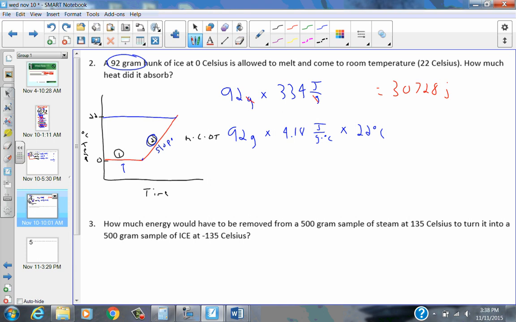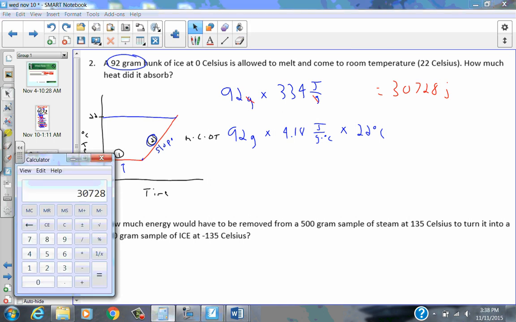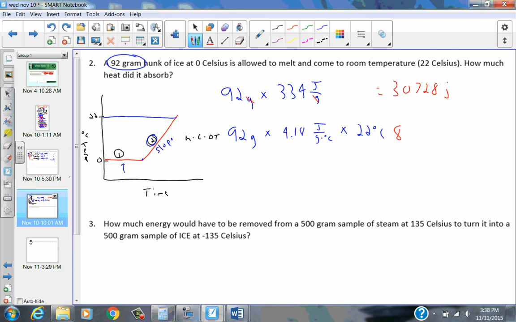The other one, 92 times 4.18 times 22, whoa, that just seems like a strange number, but okay, 8460.3. I'm just going to round, 8460.3 joules, because grams and grams, and degrees Celsius cross off, joules is the only thing left.